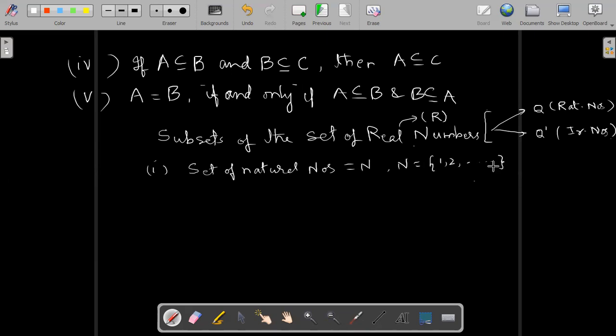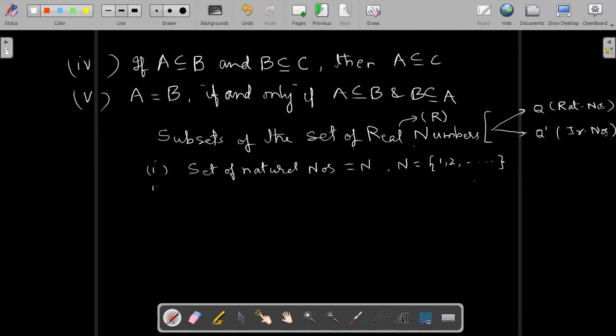It is an infinite set. Real numbers are also an infinite set, but inside this infinite set we will find one infinite set of natural numbers. That is why it is a subset of real numbers.